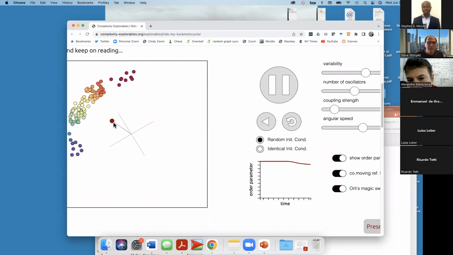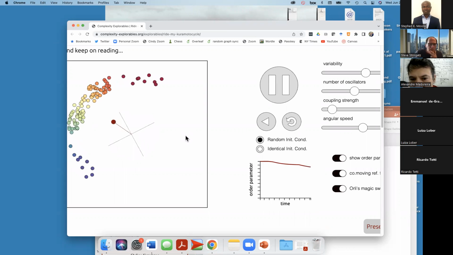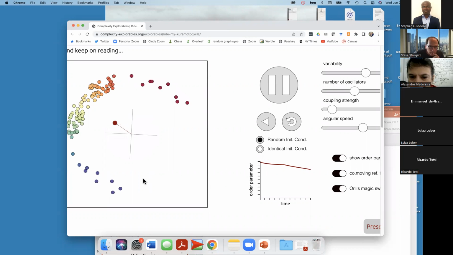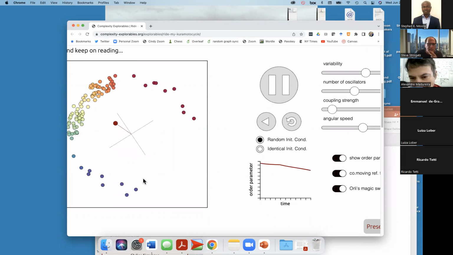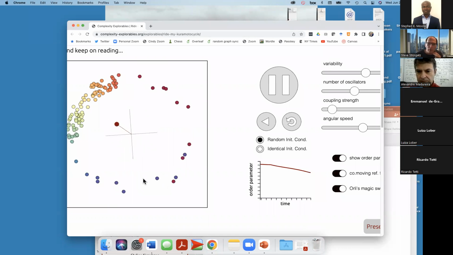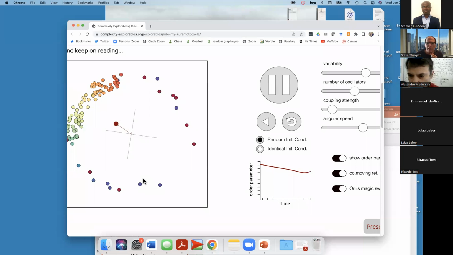It should start to, those blue and the red should break away. And the order parameter will decrease, but Kuramoto predicts that it will eventually reach some steady level. That's what he guessed, that the order parameter would still approach a constant. I wonder if that's true. It went down and it's going up a little.